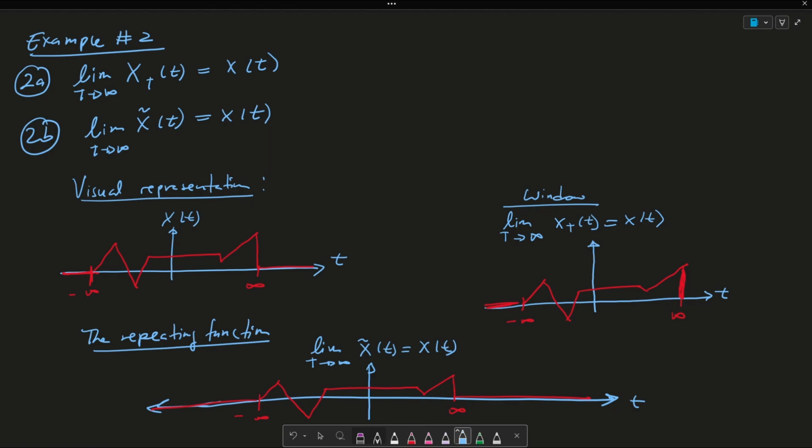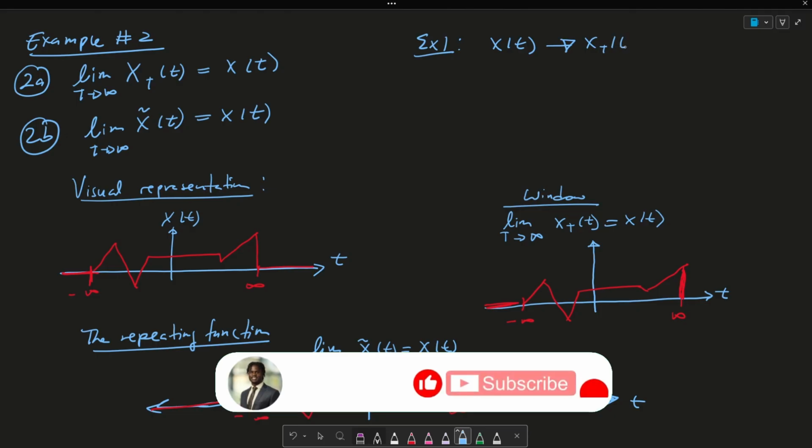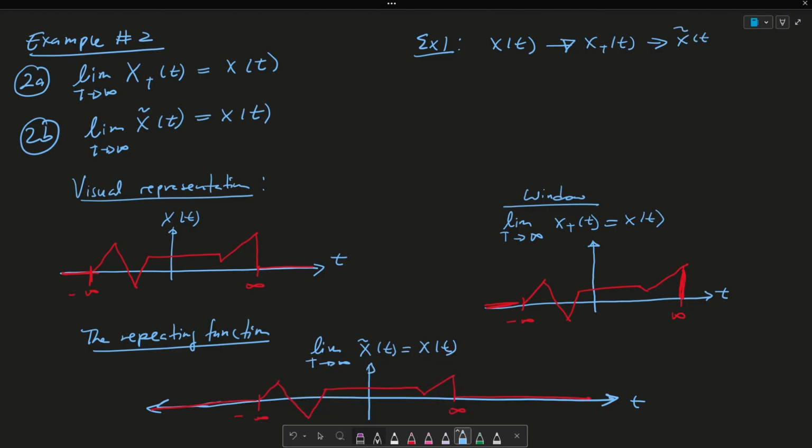So now where are we going with these two examples, right? Because it's very important to understand the flow of the work. So the first thing is example 1 tells us that if we have this x of t, we can cut it into this window function x of capital T of t, and then repeat x of t to give us x tilde of t.